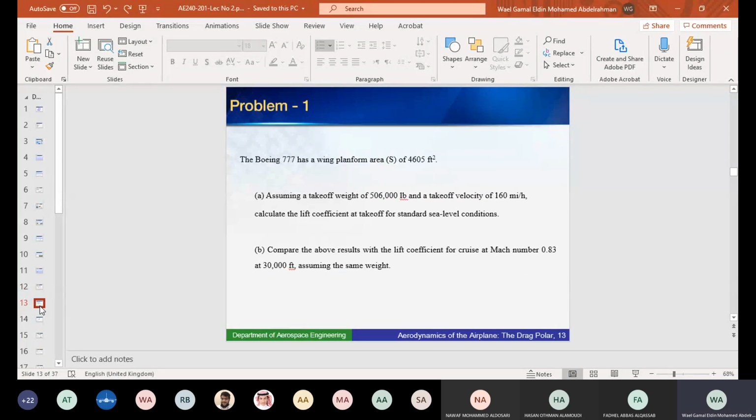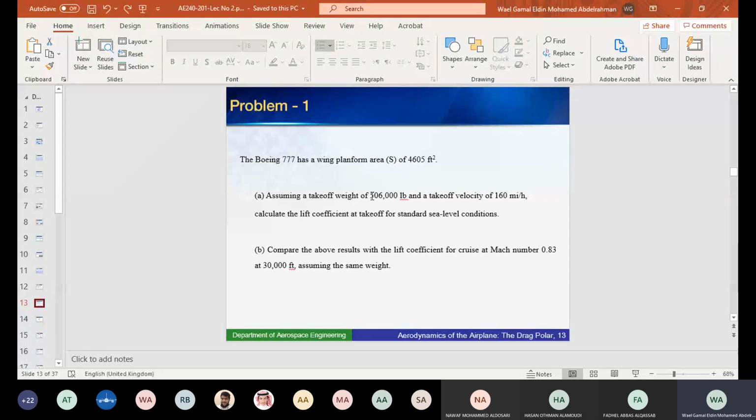Let's move on to our first problem. The objective of the examples that we have here is not to test your aerodynamic information, because we assume you already have that, but to start to get a feeling for the numbers. For example, in this problem we will calculate the lift coefficient of a Boeing 777 that has a certain wing planform area, 4,605 square feet.